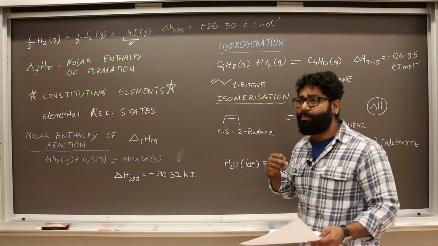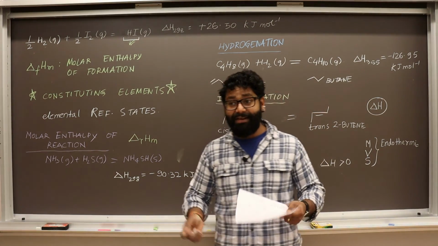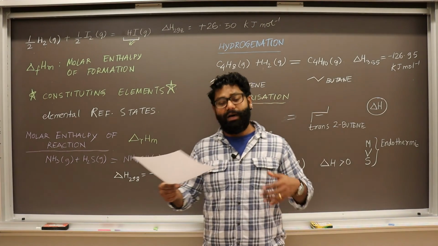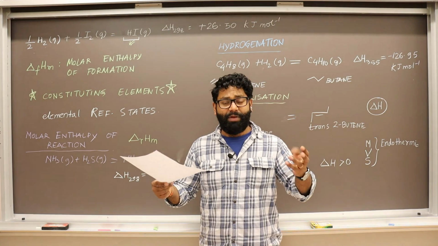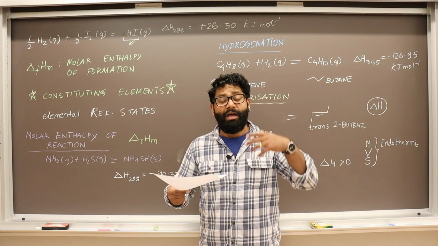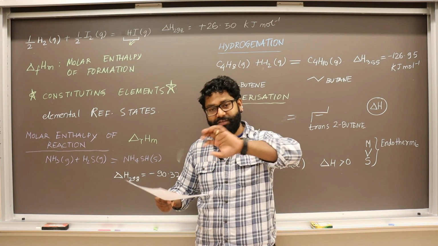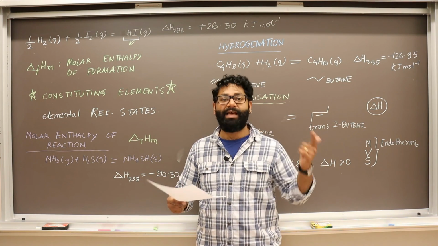Now we will deal more with these transitions in a subsequent lecture when we'll be discussing the second law of thermodynamics with entropies and things like that. So the molar enthalpies of transition will be dealt with in greater detail there.